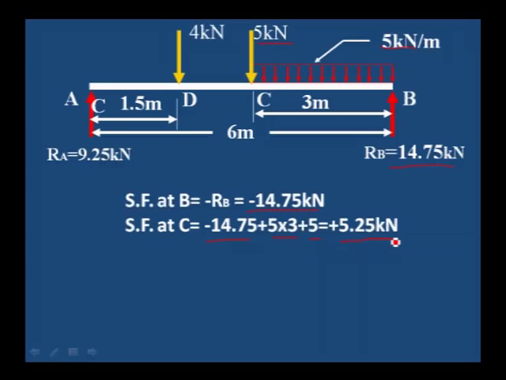Total is plus 5.25 kilonewton. You can observe here at B it is minus 14.75 and it changes to plus 5.25. In between C to B there is a change of shear force, from negative to positive.